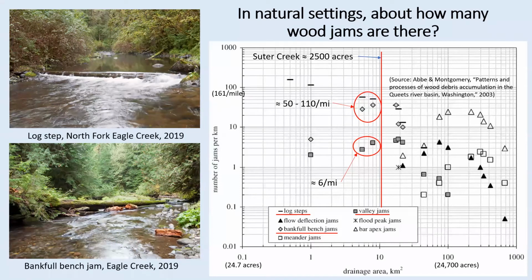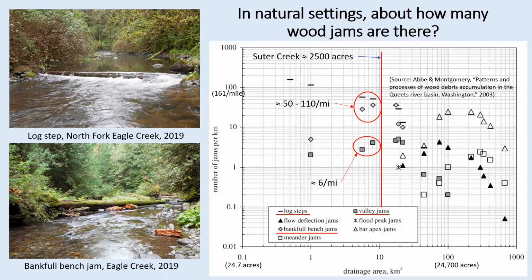That means that the forest influence diminishes to some degree as the drainage area increases. So fish like coho and steelhead, whitewater fish, they've evolved with these logs to help them retain gravels to rear and whatnot, whereas on larger rivers like the Clackamas River and things like that, the effects of large wood are much more diminished.